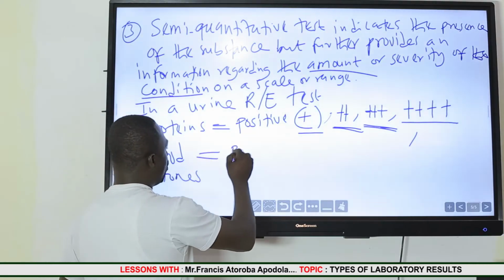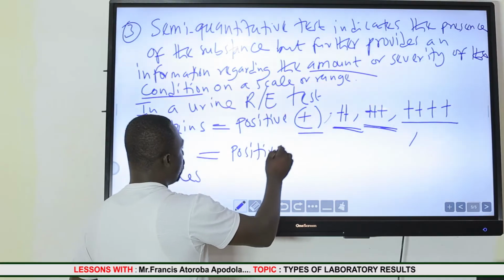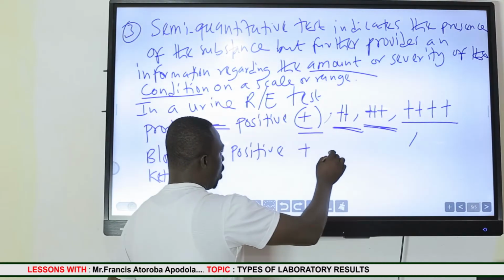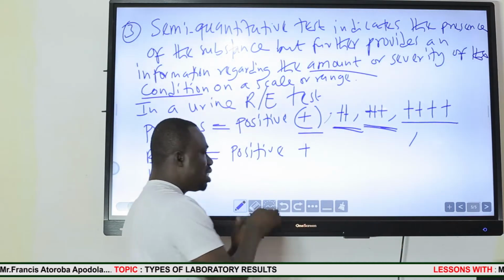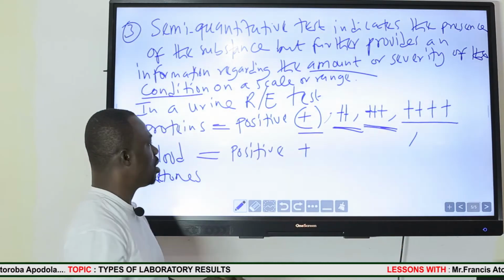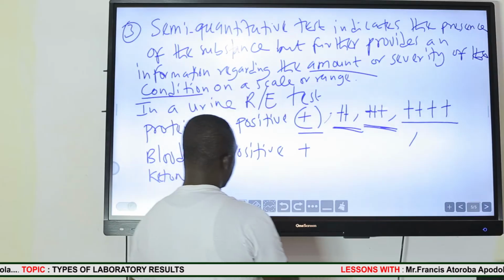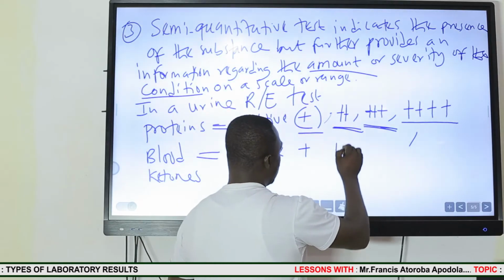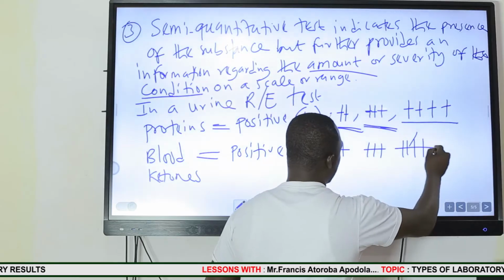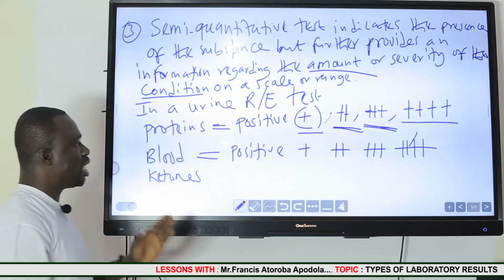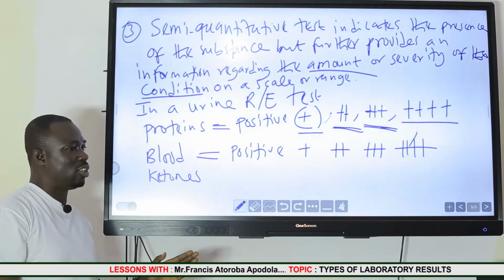Likewise, blood can be positive, and we can report it as +1 on a scale of 0 to +4, where 0 means the absence of the substance. So, a scale of +1, +2, +3, +4. That is how semi-quantitative results are reported.